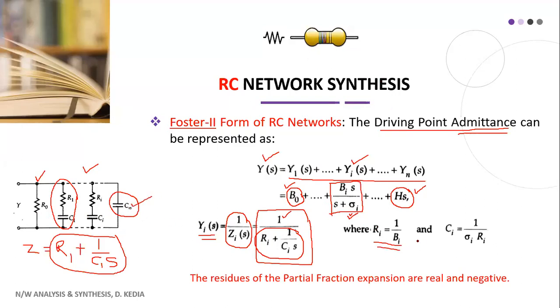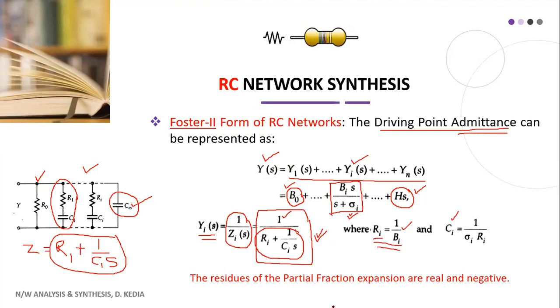Now we are left with R1 C1. R1 is 1 by B1, and C1 is 1 by sigma 1 R1. You will be able to easily derive that, as I did in the previous slide, by solving this. I hope this is clear. It is very, very simple.